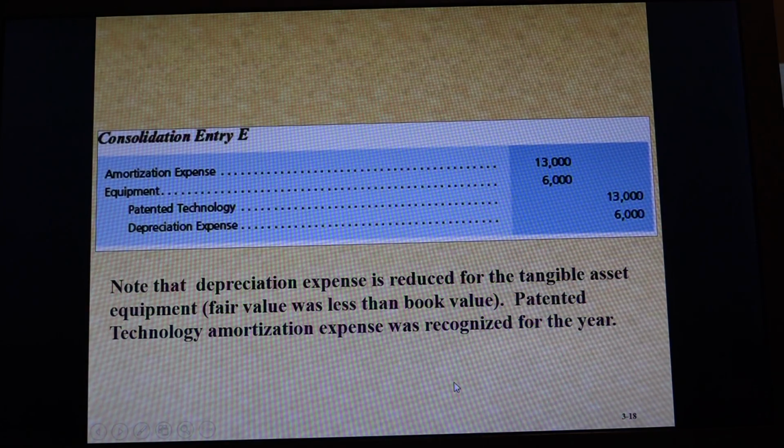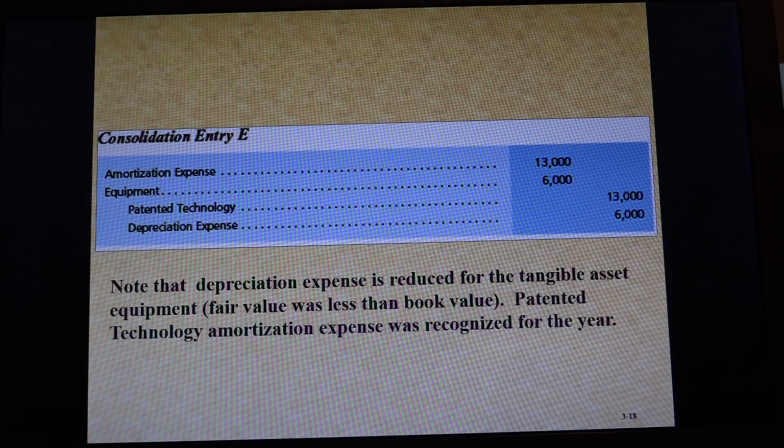And then, since we kind of undid our amortization depreciation expense, that's what entry E is: we have to include these in the books of the consolidated company by rebooking this. Here we're booking an amortization expense of $13,000 that reduces patented technology account because that's your offsetting credit.